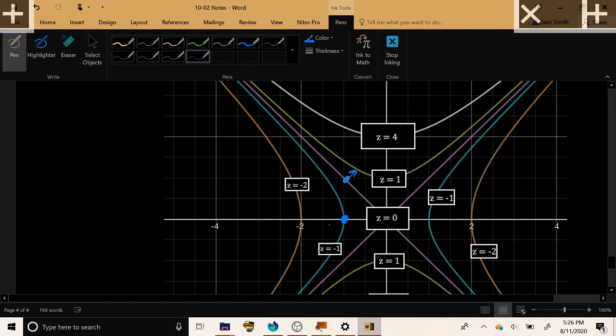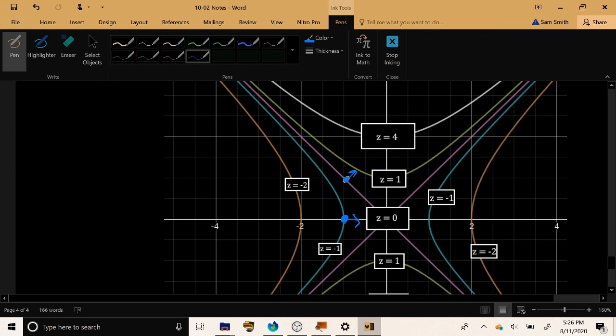But if I go to the left, the z value will decrease. Only if I go to the right will I move from z equals -1 to z equals 0. So that means that the gradient vector at that point must point exactly to the right, perpendicular to the level curve in a direction which causes the z values to go up.